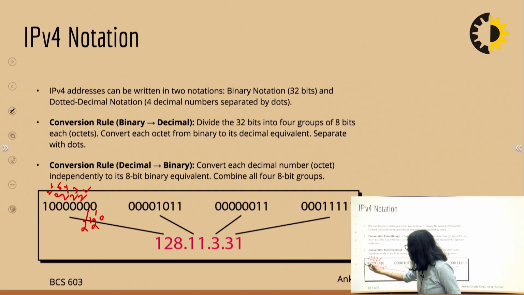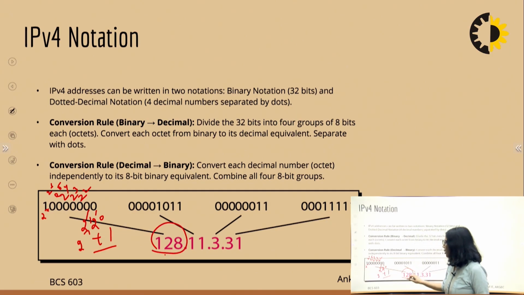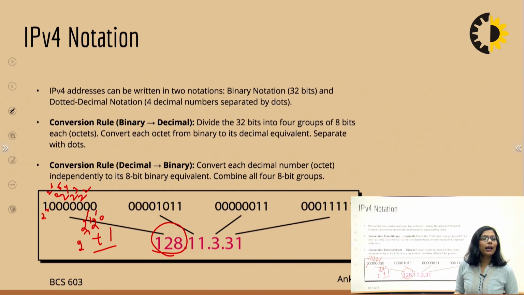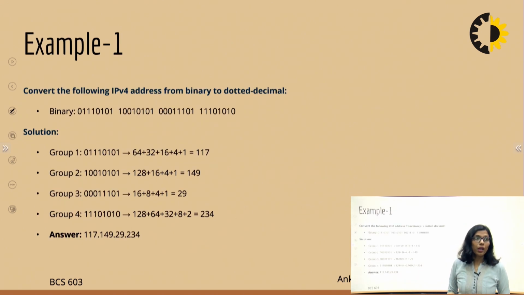So 2 raised to power 7, which is 1 for this position, is your 128. Likewise, I can convert binary to decimal, and we can also convert a decimal into binary by dividing it by 2. It's a simple technique.